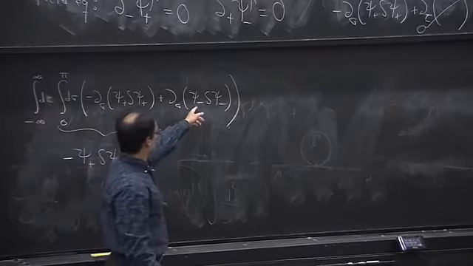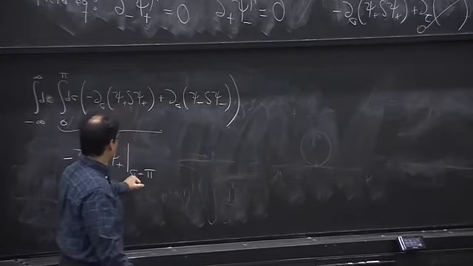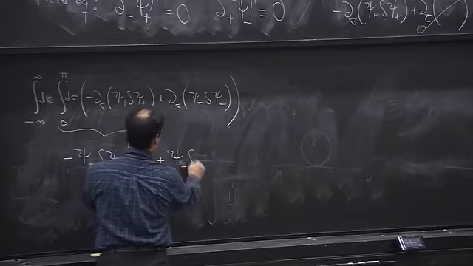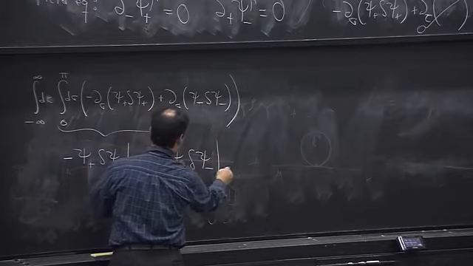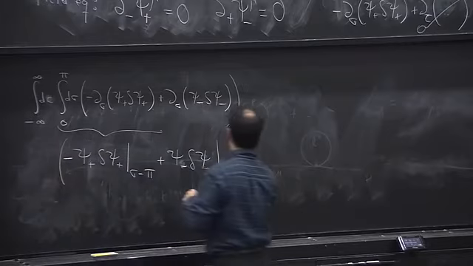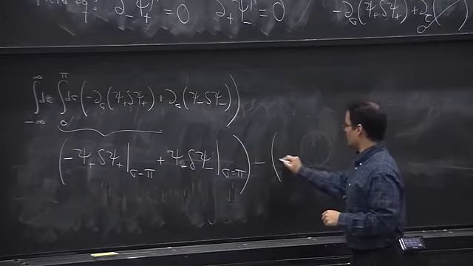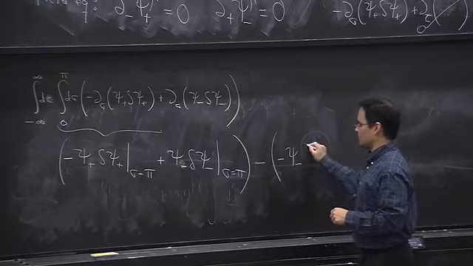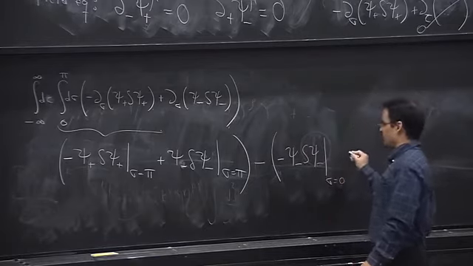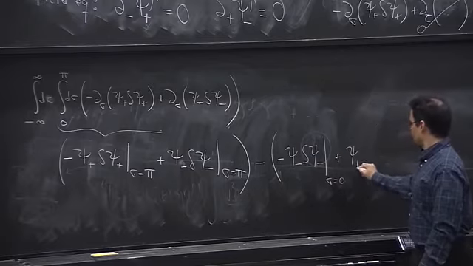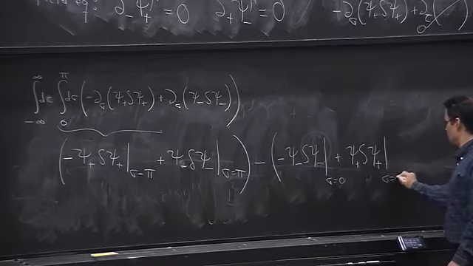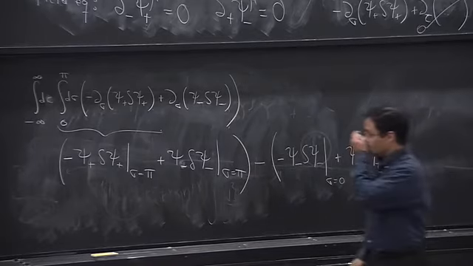We will also get a contribution from this guy at sigma equals pi, but it will come with a plus sign. Minus a contribution at sigma equals 0.